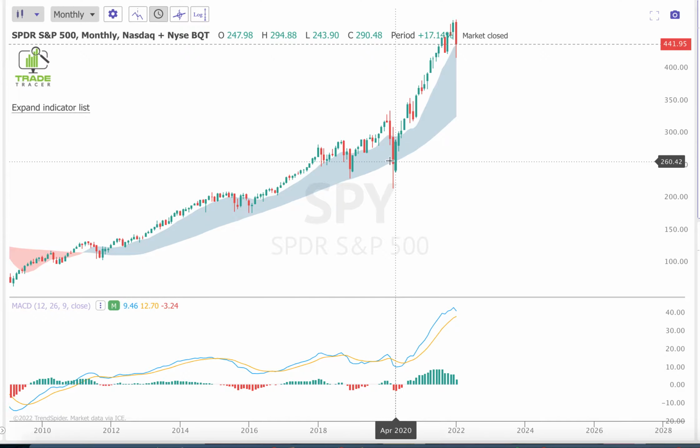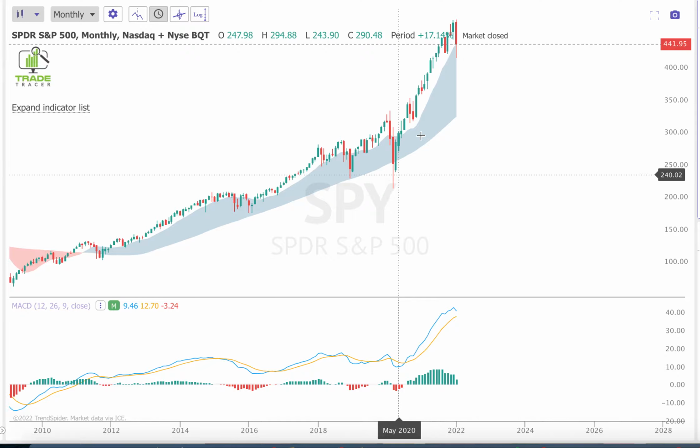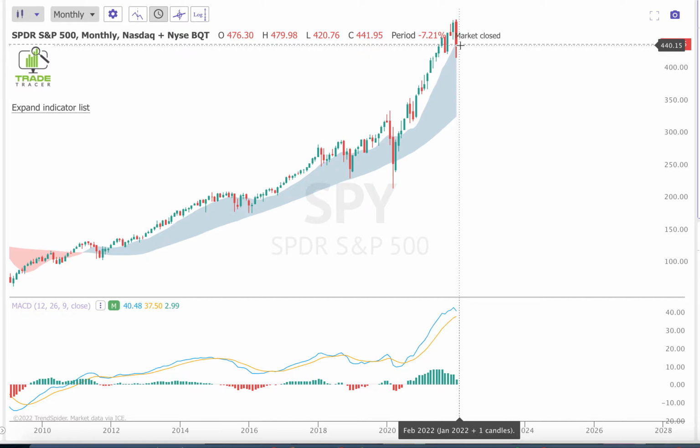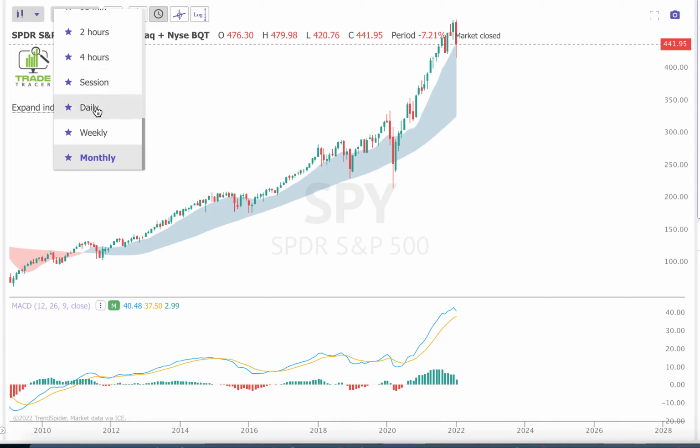We pulled back to the 50-month moving average a few different times, back in 2016, which held that support. And right now, the 10-month moving average is holding that support, and this monthly candle will close on Monday. I'm going to be keeping a close eye on that. Want to see that hold.